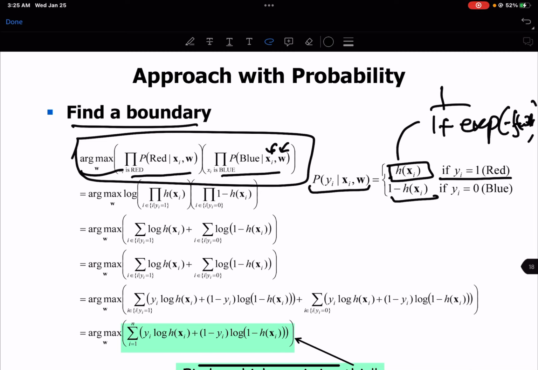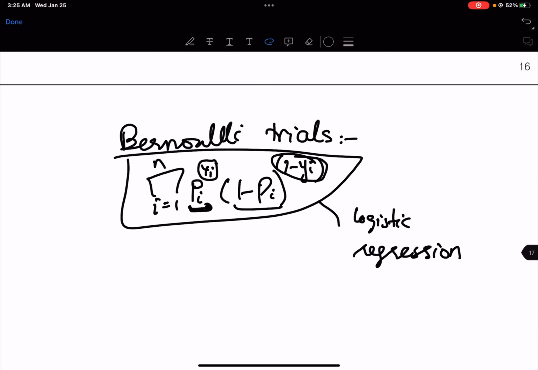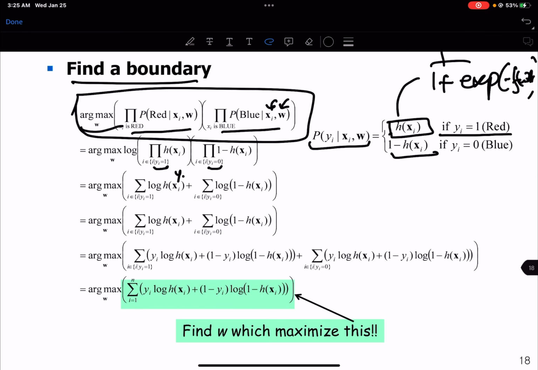You can say that this is for y equals 1, this is for y equals 0, as we mentioned over here: for y equals 1 the exponent is y_i, and for 0 the exponent is 1 minus y_i. We can also write it in this form.